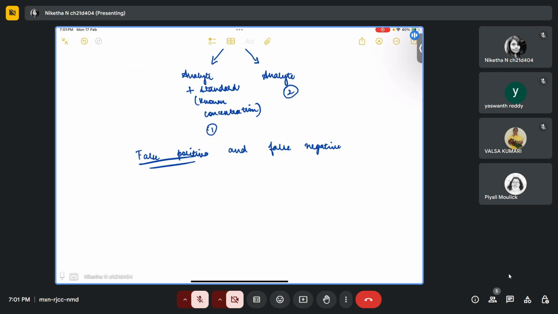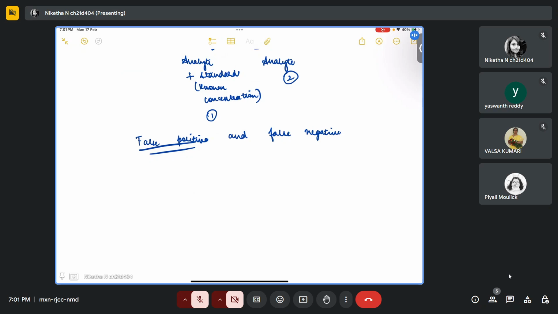So false positives and false negatives are errors, and in order to avoid this, we need to run blanks. So what are blanks? Without the analyte. Yeah, just maybe water or just any solvent without the analyte.